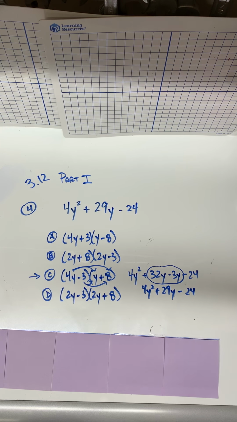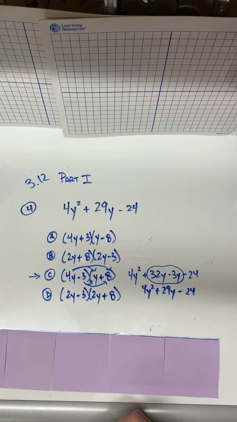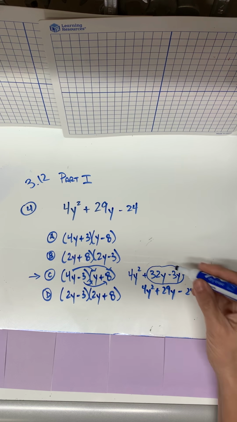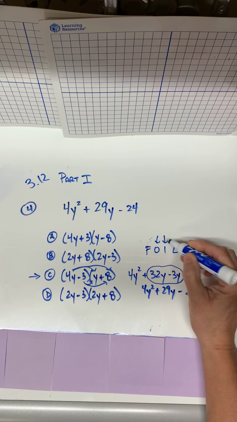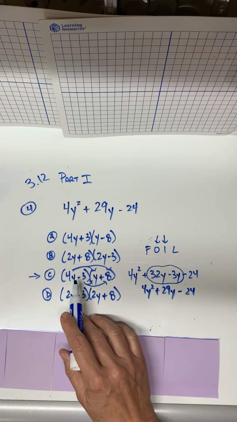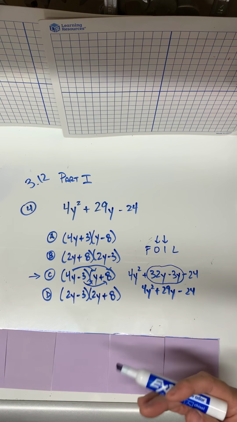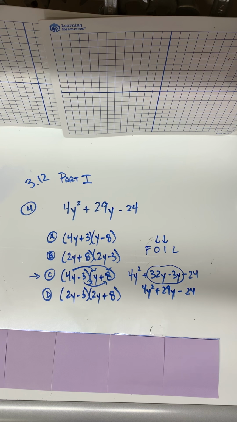So for some of you that might be a shortcut: the two middle terms come from the outer and the inner in the FOIL method. You could just reduce your problem to doing the outer and the inner, combining those like terms, and see which one gives you the positive 29y. That's a little shorter way of answering that question.